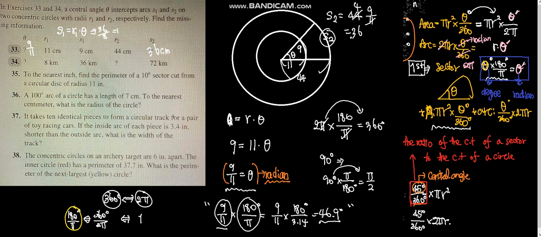If you simplify this, divide both denominator and numerator by 4, then you have 9 over 2. 9 over 2 is our theta.